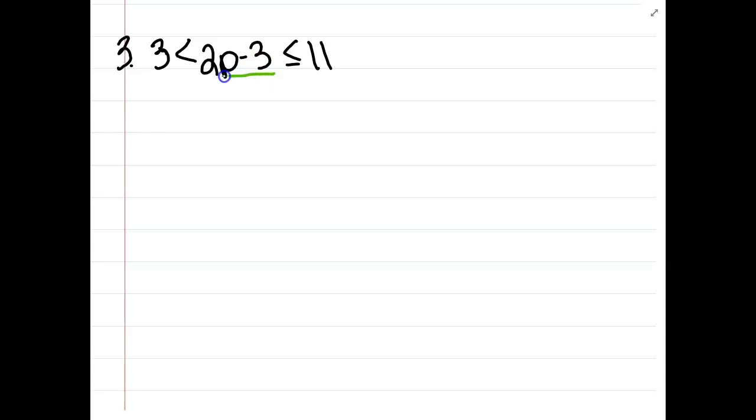The first inequality, you're going to ignore that right-hand inequality sign and the number to the right of it. So the first inequality is 3 is less than 2p minus 3. The second inequality, ignore that left-hand inequality sign and the number to the left of it. That's 2p minus 3 is less than or equal to 11.